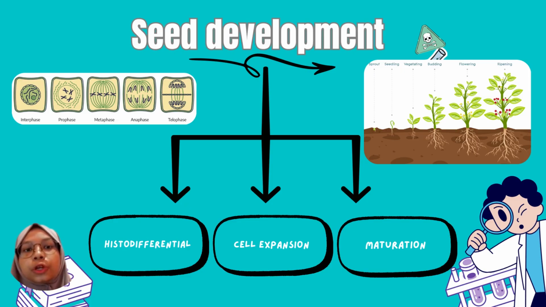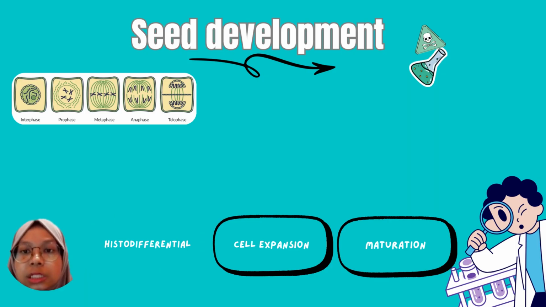This is a crucial period because the seed builds energy used during germination. The third is maturation. The seed undergoes drying and hardening. It becomes physiologically ready for dispersal. This stage ensures the seed can survive until conditions for growth are suitable.